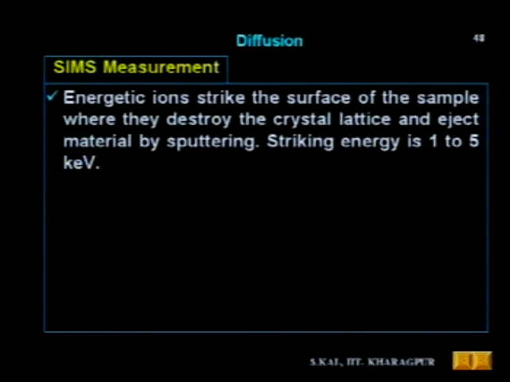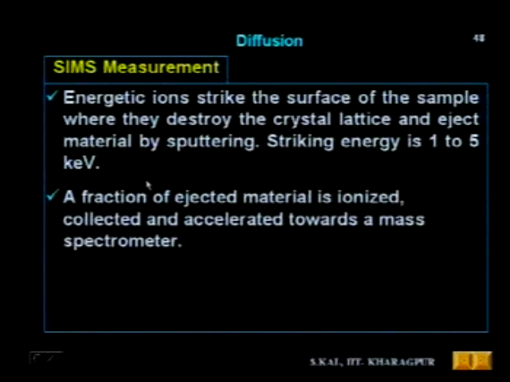Now a few points are written here. Energetic ions strike the surface of the sample where they destroy the crystal lattice; it is a destructive phenomenon. The accelerated ions, after striking the surface, damage the crystal lattice and eject material by sputtering. Striking energy is 1 to 5 keV. A fraction of ejected material is ionized. Those ionized ejected materials are collected and accelerated towards a mass spectrometer.